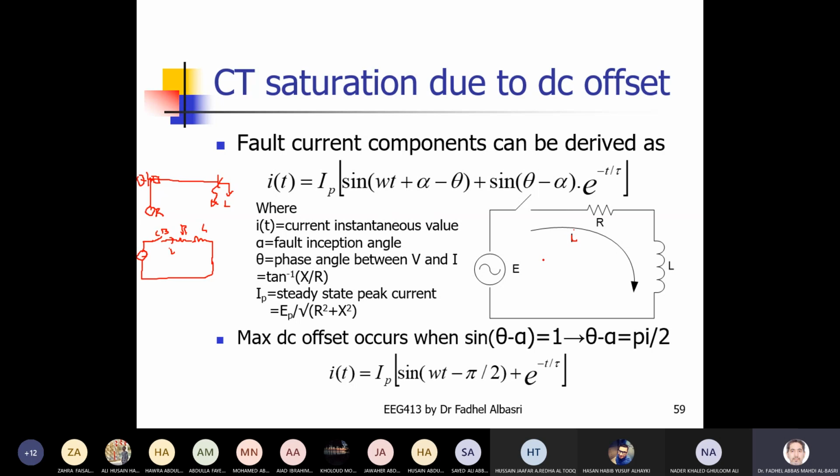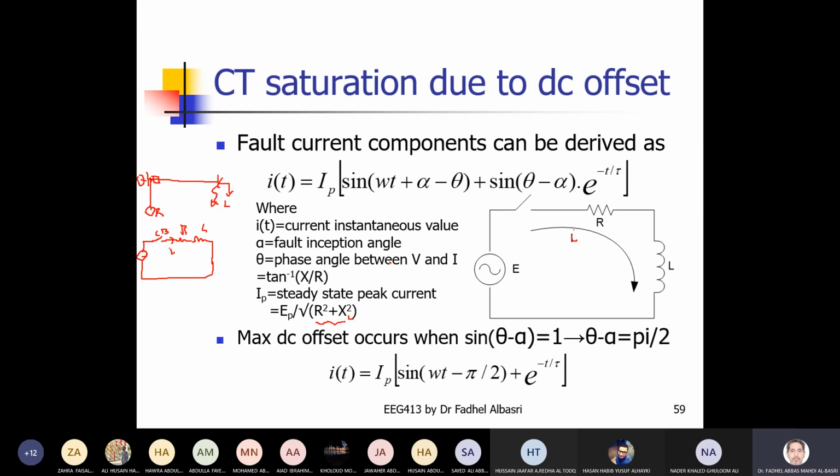If you solve the first order differential equation, you will find I equals the peak value of the current, which is E peak over the square root of R squared plus XL squared. So this is the impedance Z from the source to the fault point, times sine omega t plus alpha minus theta.